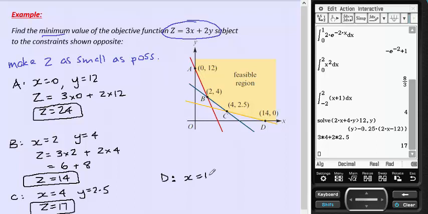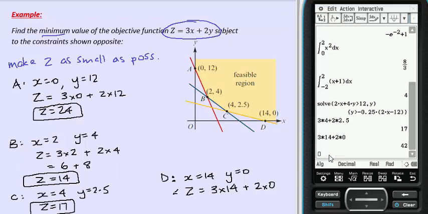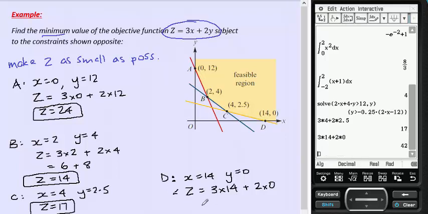So x is 14, y equals 0. So my z function is 3 times 14 plus 2 times 0, which equals 42. So therefore, the best place, the minimum value, is 14.